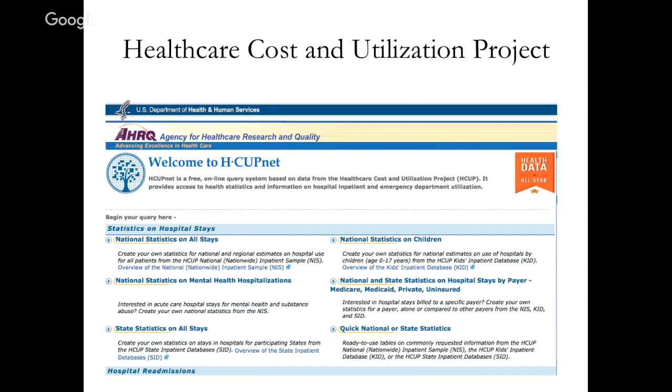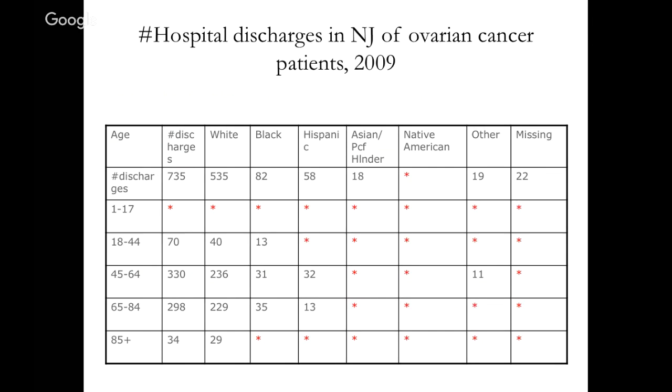Now, it's very sensitive information because, for example, you can tabulate the number of hospital discharges in New Jersey of ovarian cancer patients in 2009. Here it is tabulated by age and race, and clearly there may be some age-race combination where there's only one individual or no individuals.